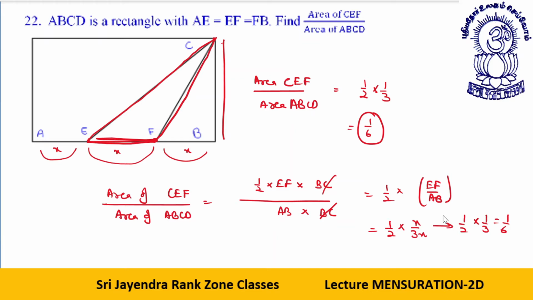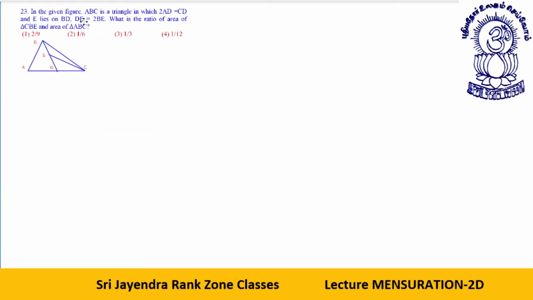The next question we have is, in the given figure, ABC is a triangle in which double of AD is equal to CD. Let me increase the size of the figure first.